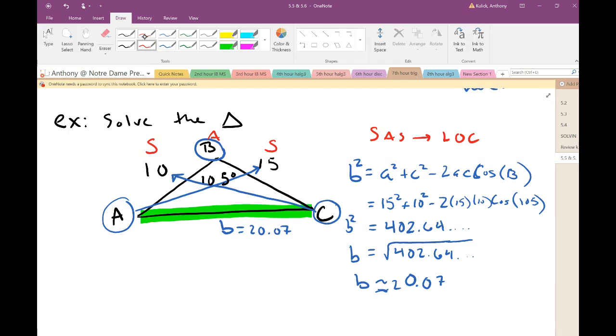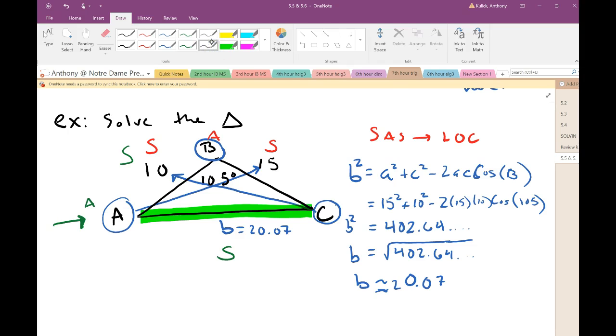Okay, now how am I going to find either angle A or angle C? Well, if I'm wanting to find angle A, I could say that I have a side angle side situation and use the law of cosines again.